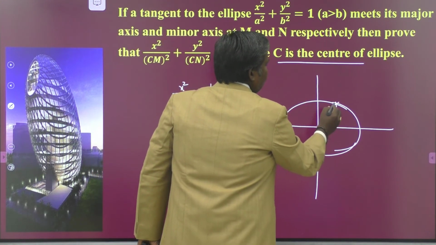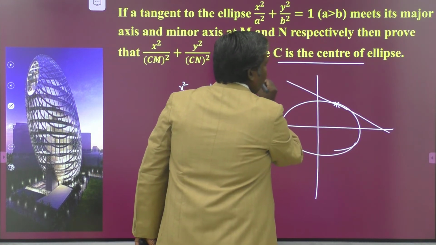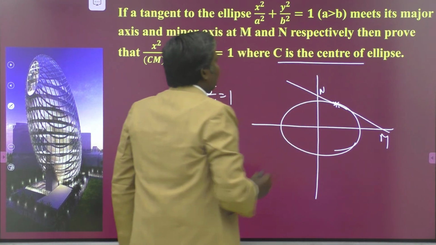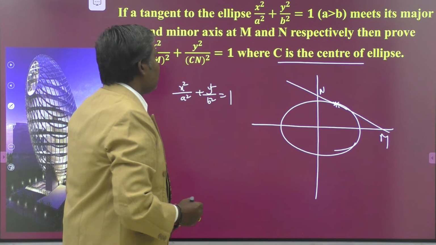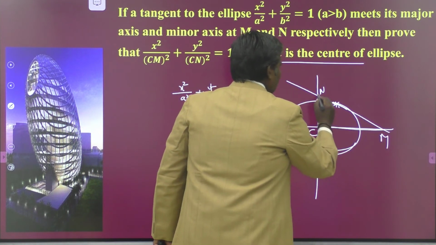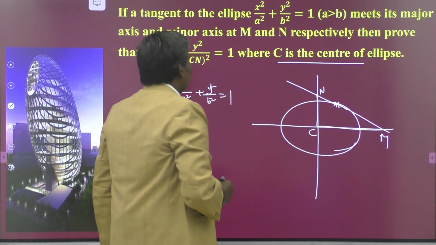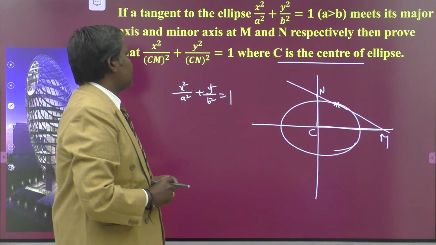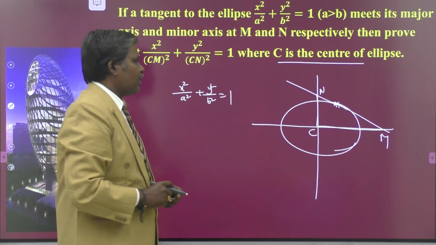This is my point. If you draw the tangent at that point to the ellipse, it meets the major axis at capital M and minor axis at capital N respectively. C is the center of the ellipse. Then this is CM and this is CN. You have to show that a²/CM² + b²/CN² = 1.